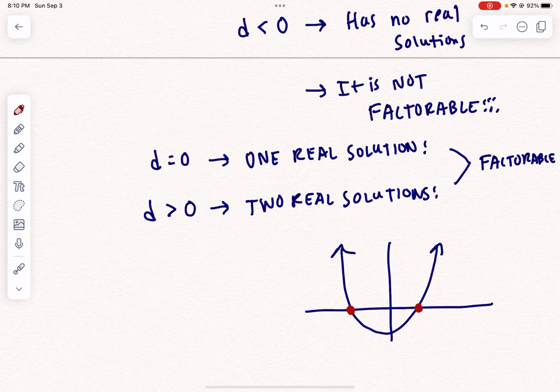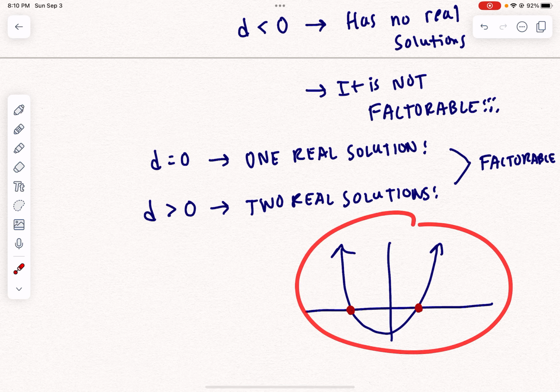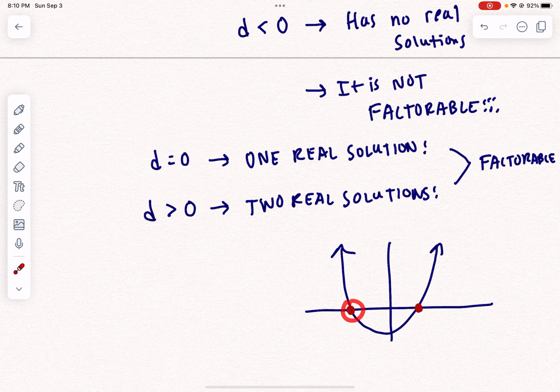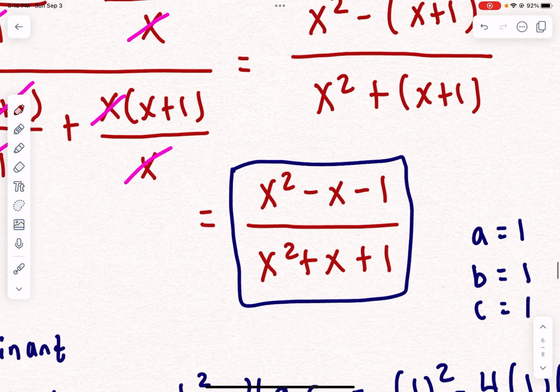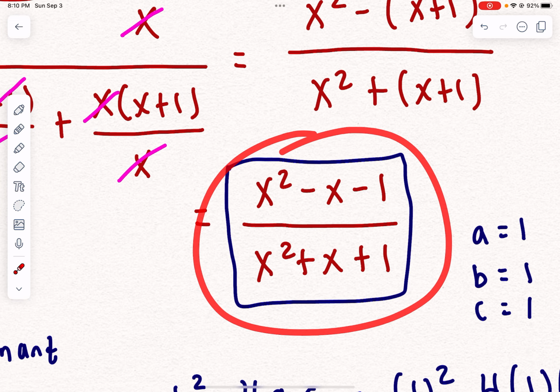If you look at this little graph that I made, those red points right here are called our solutions. So once again, this right here would actually be our final answer.